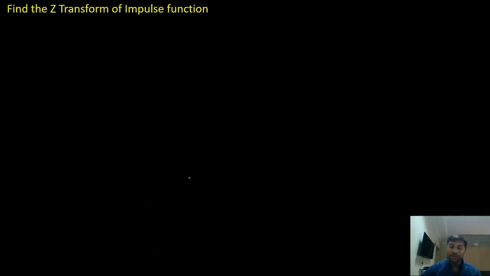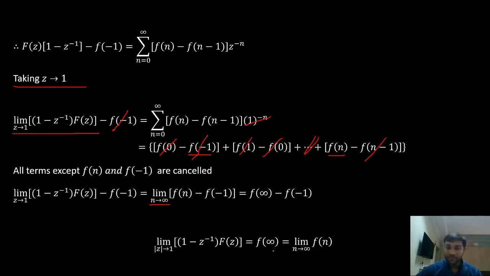So this is my final value theorem, right? f of infinity is nothing but limit z tends to 1 of 1 minus z inverse f of z.